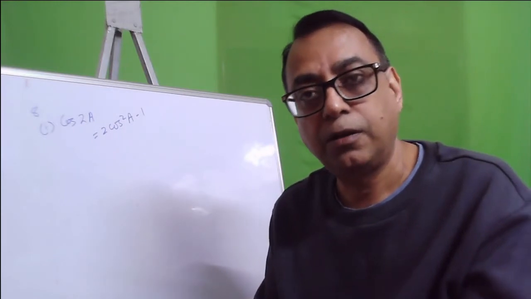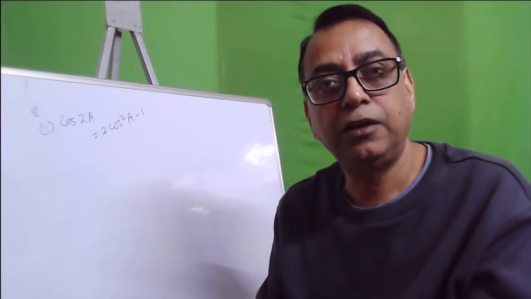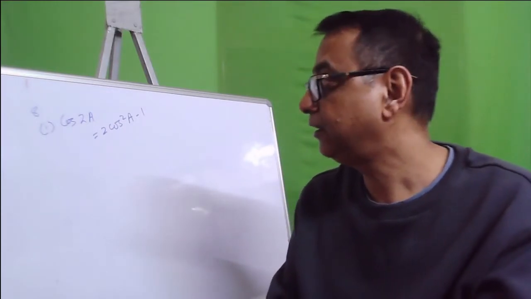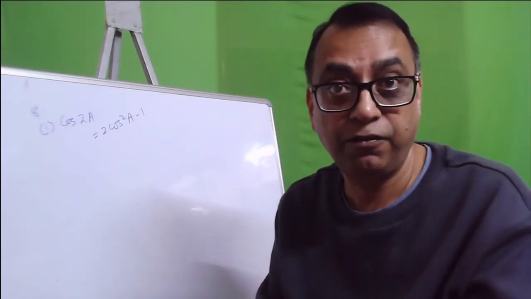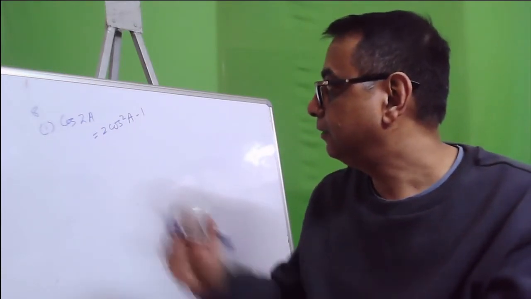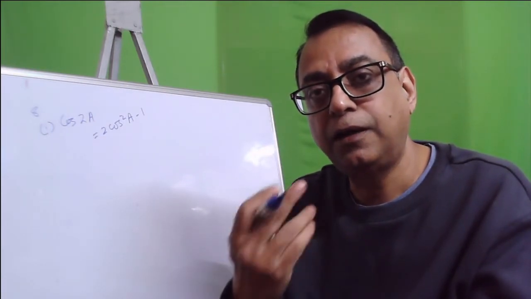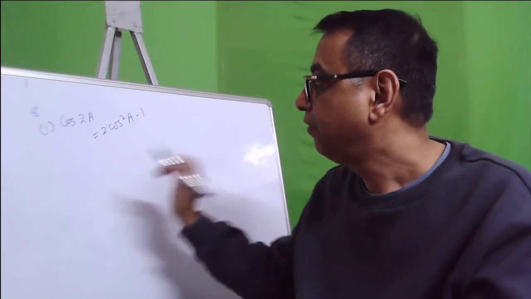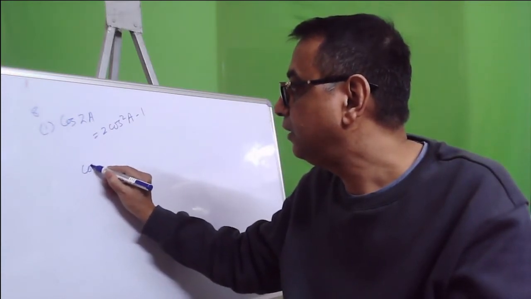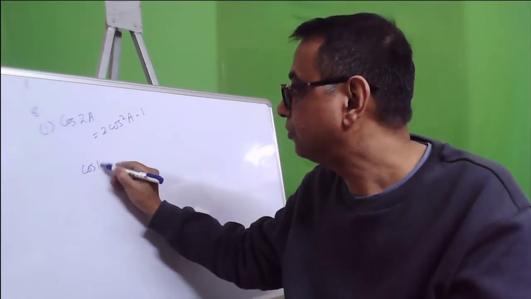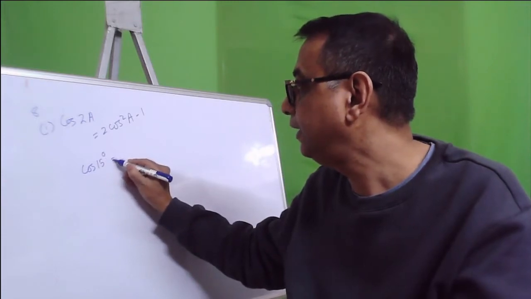Before going into the next identity about sine 2A, the double angle formula for sines, I just wanted to highlight how this becomes handy. For example, we could find the value of cos of 15 degree, right?